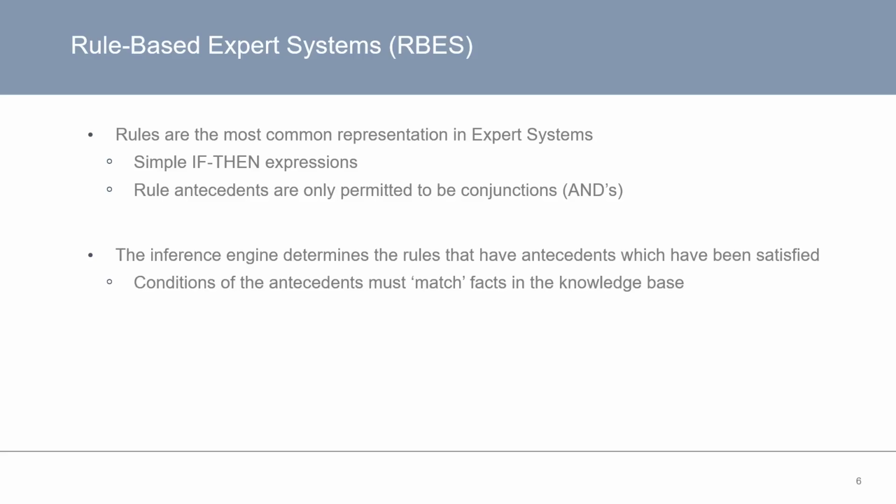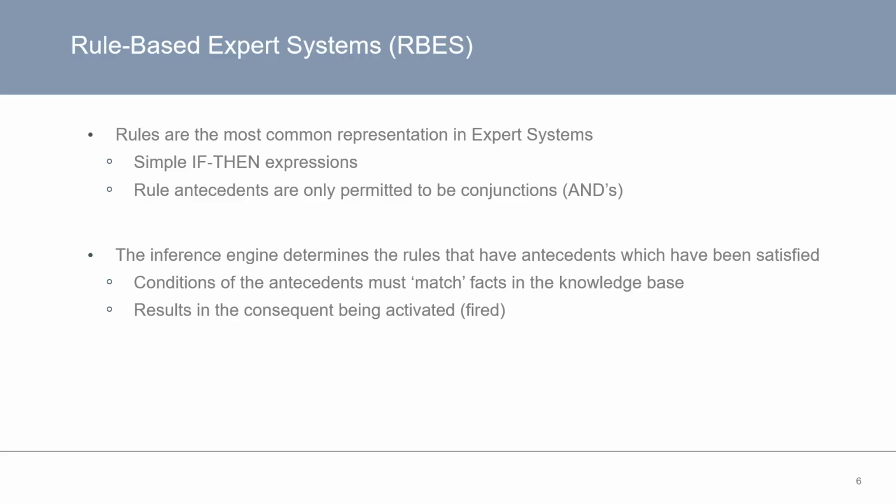The inference engine in rule-based expert systems determines the rules that have antecedents which have been satisfied. Specifically, all conditions of a given antecedent must match facts in the knowledge base. If so, and assuming we're doing forwards chaining, this results in the consequent of a rule being activated or fired.